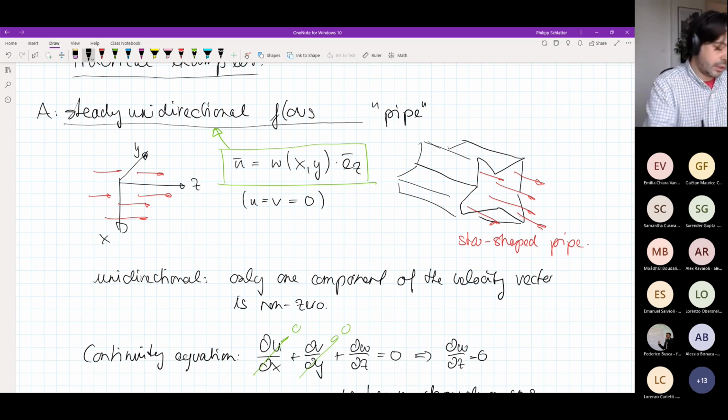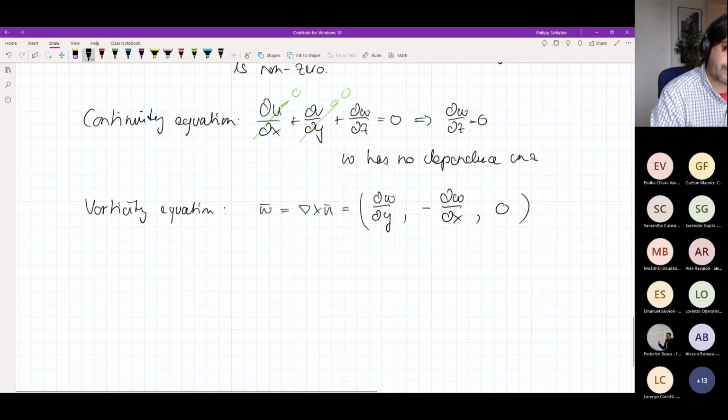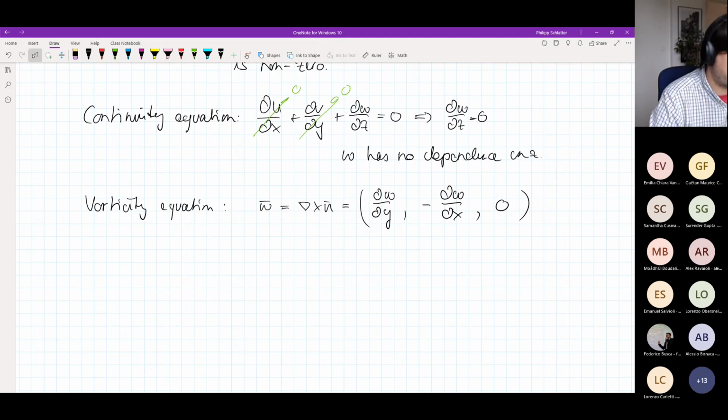It's only w that is left. So this here is my vorticity, and this component would be the vorticity in the x direction, and this would be the vorticity in the y direction.